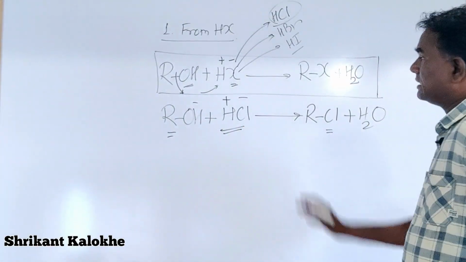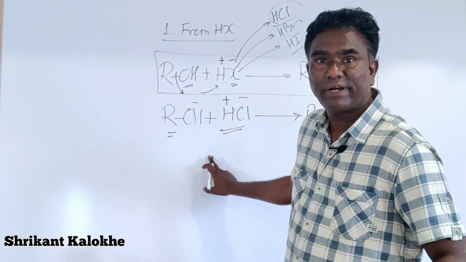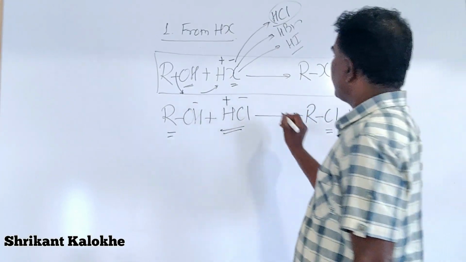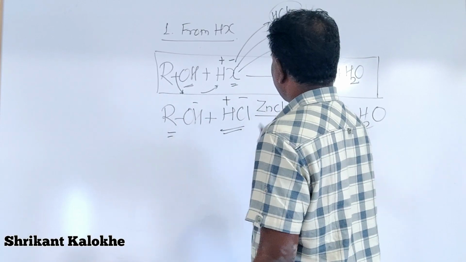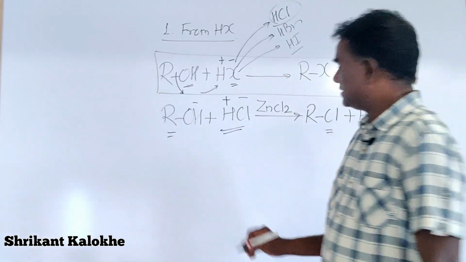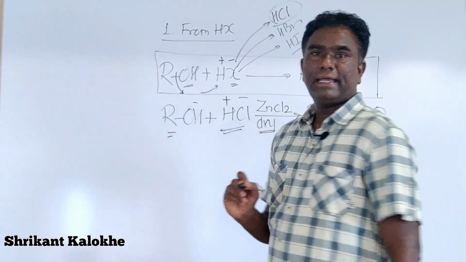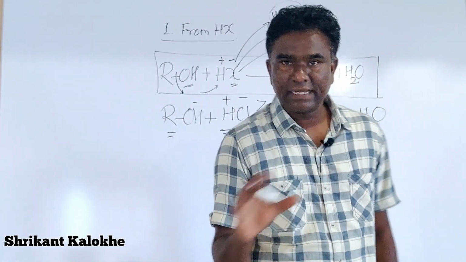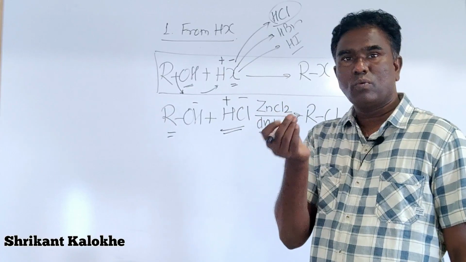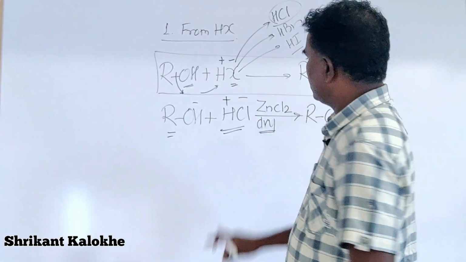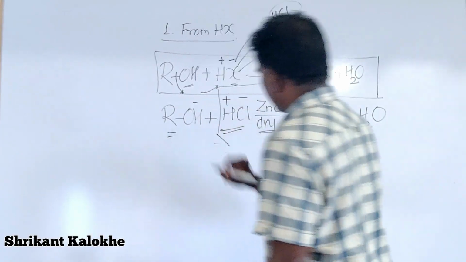But what about the reaction of HCl with this ROH? This is not a simple straightforward reaction as shown here. We need one catalyst or reagent, known as zinc chloride, and this zinc chloride should be very dry. Your textbook says it should be anhydrous, meaning there should be no water in it.